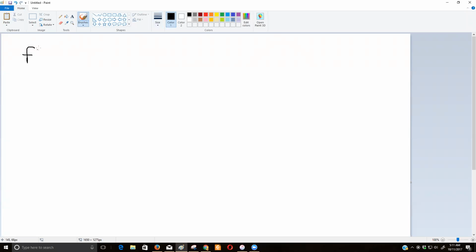When I expanded that function all out, I got x to the 4th minus x cubed minus 31x squared plus x plus 30.